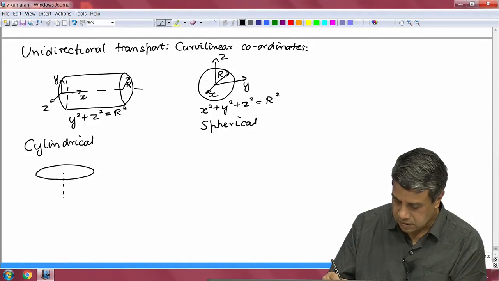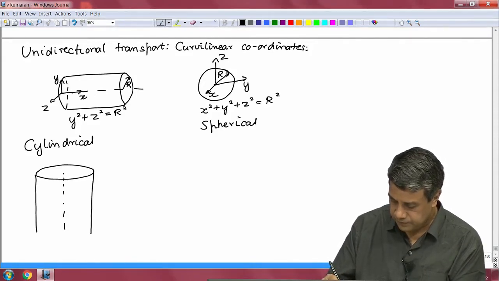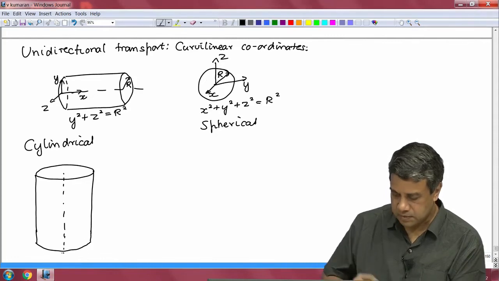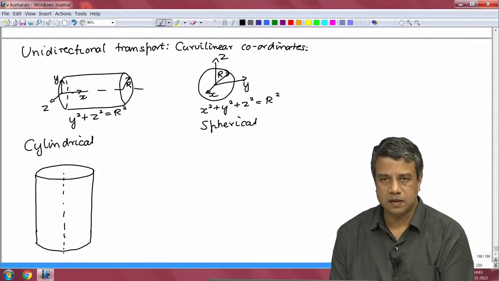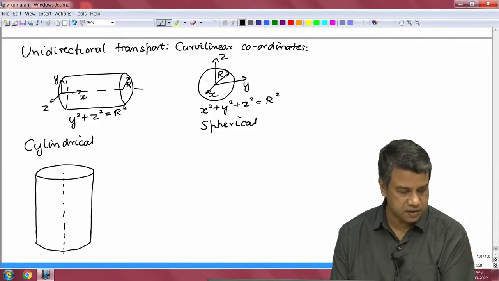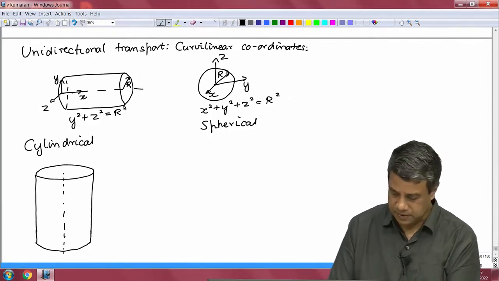I will take this as a pipe, and I will consider unidirectional transport, where the temperature, for example, is only a function of the distance from the axis of the pipe.